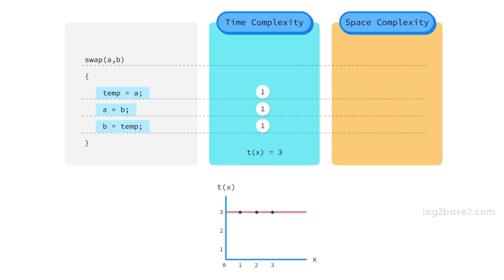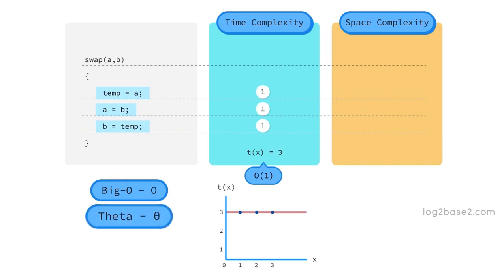So the time complexity of the swapping algorithm is O(1), which means the time complexity does not depend on the given input in this algorithm. It will remain constant for any given input. In general, we use this big O notation to represent the time complexity. But we also have other notations like theta, omega, etc. We will learn about them in the coming lessons.